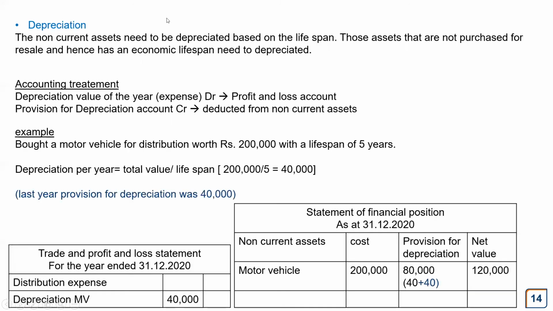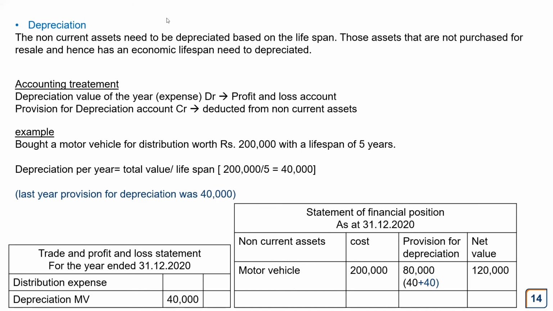And finally, the final adjustment is about depreciation. So I hope you know that all the non-current assets except land have a probable or possible lifespan. That is, they won't stay forever. They have a particular period of existence. So once we purchase a particular asset without the plan of reselling it, we will depreciate it over a particular lifespan, right?